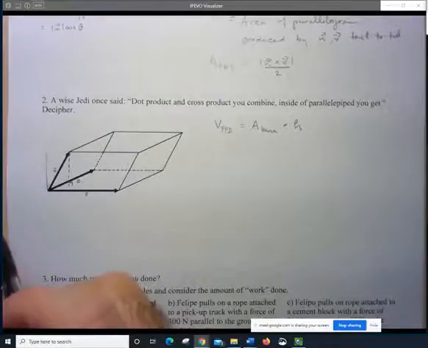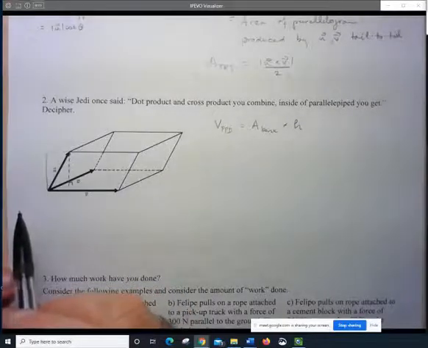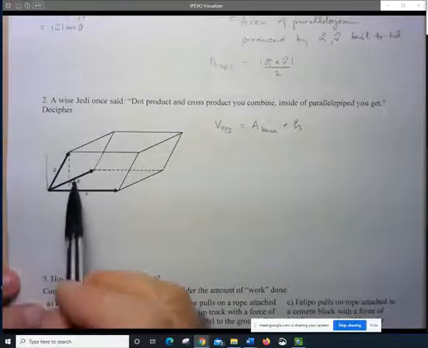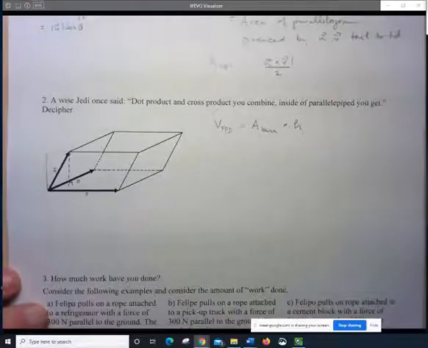Now, the question is, is there a vector that's easily determined that is perpendicular to the base of this parallelepiped? Can anybody give me a suggestion as to what vector I could use?